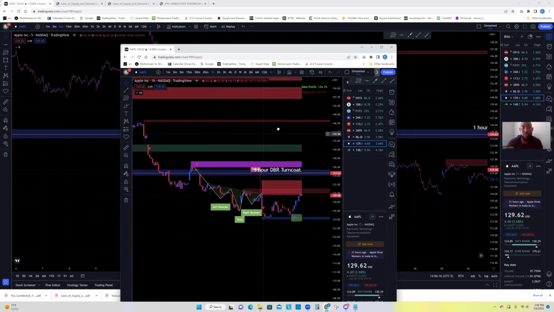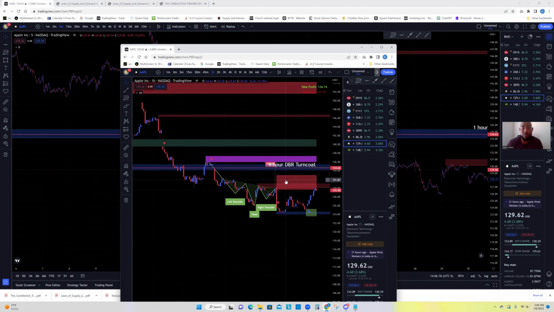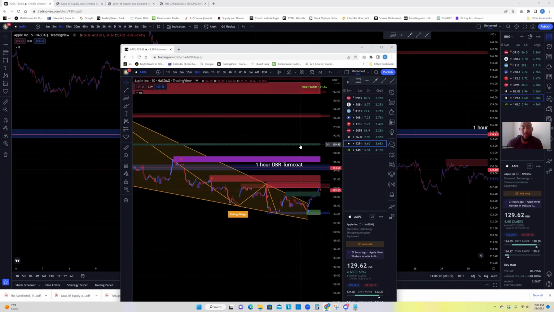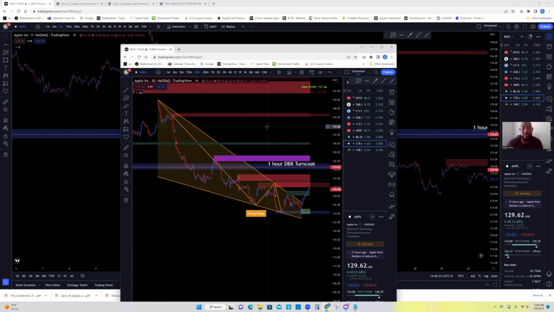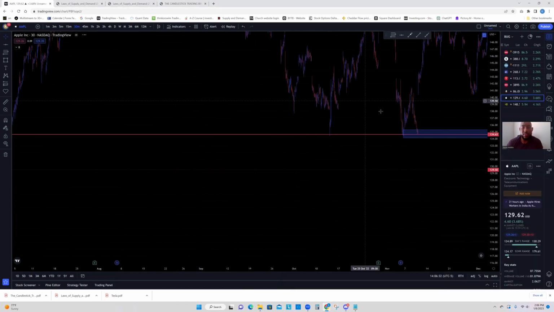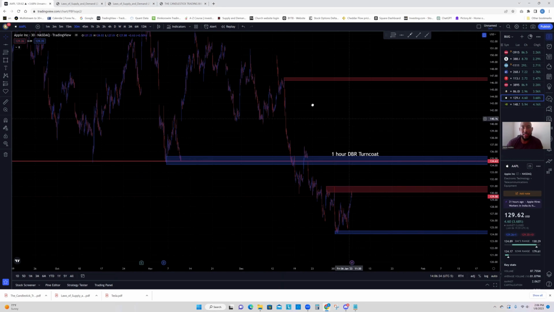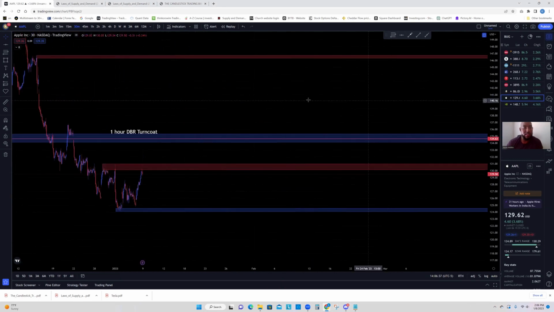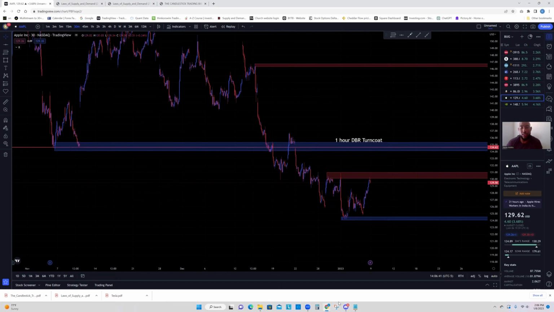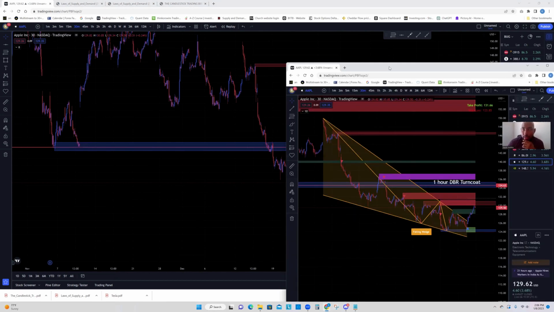So if we go into charting patterns, then you can get a better picture of it. Let's say, for instance, we go to the chart patterns here. I think this is a good one to show.